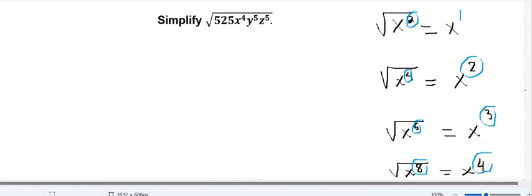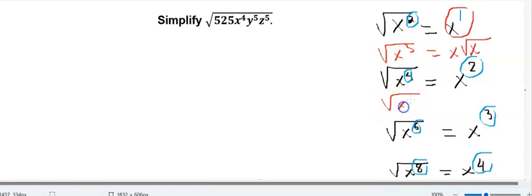And then from there, we can make a connection. Well, if that's the case, then what is the square root of x to the 3rd? It has to have a what in there? You have to have an x, but what's the leftover? Square root of x. Then what's going to happen if you take the square root of x to the 5th?